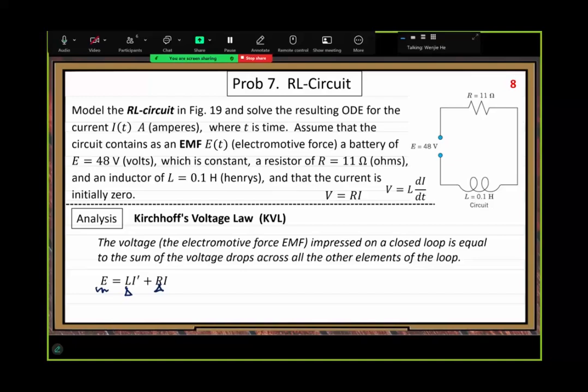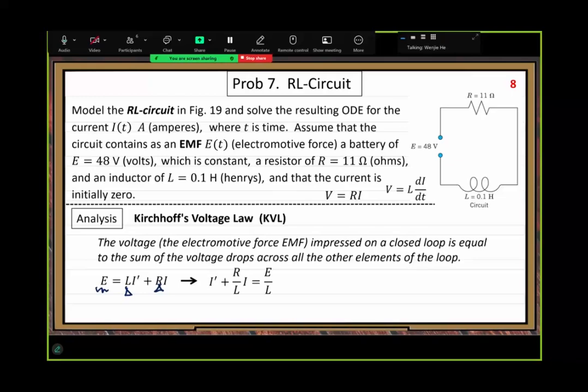So here we just solve a simple ODE with one unknown function. The I function is unknown. We can plug in the known numbers so we can see that explicitly.